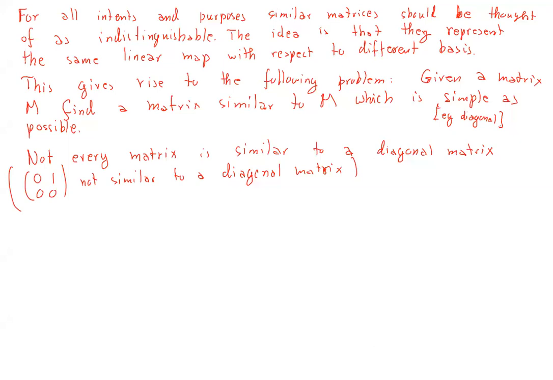But you can ask, how often can I have a matrix similar to an upper triangular matrix or a lower triangular matrix? And again, this is where the theory takes us to rather interesting places.